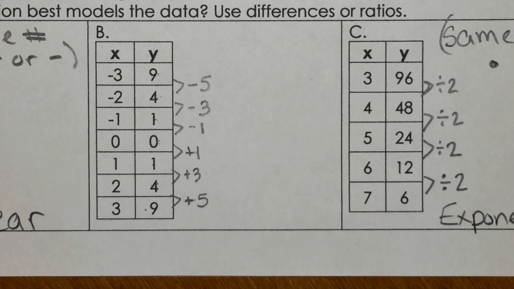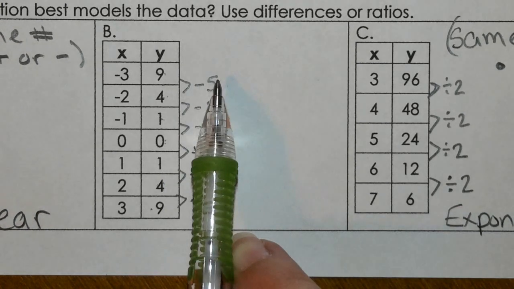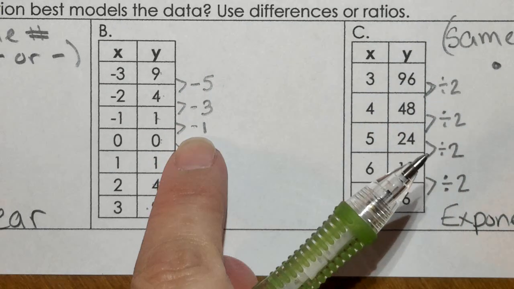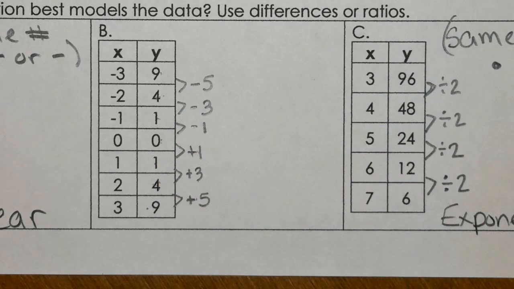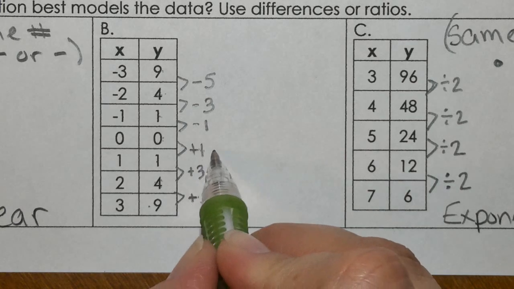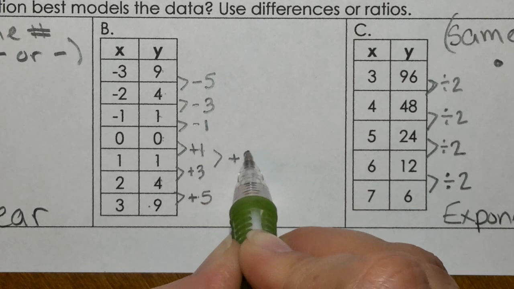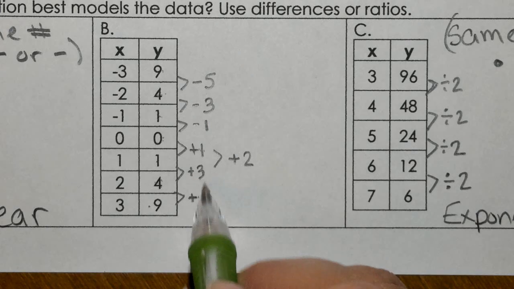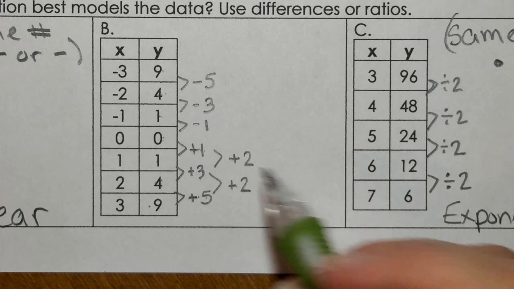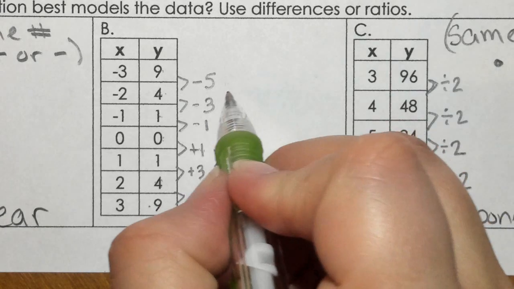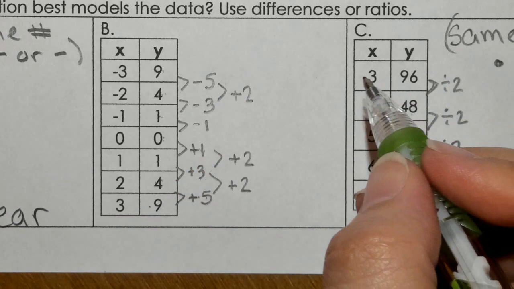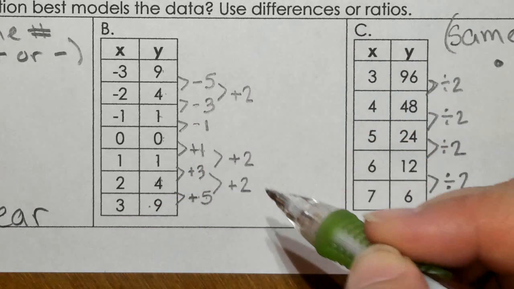So what you have to do is you have to do another column over here. So again, I don't know how you feel, but negatives are not as easy to figure out as positives. So let's start with the positives. From 1 to 3, that's an increase of 2. And if I look at 3 and 5, that's an increase of 2. So let's apply that to this. From negative 5 to negative 3, is that an increase of 2? Yes. Negative 5 plus 2 is negative 3.